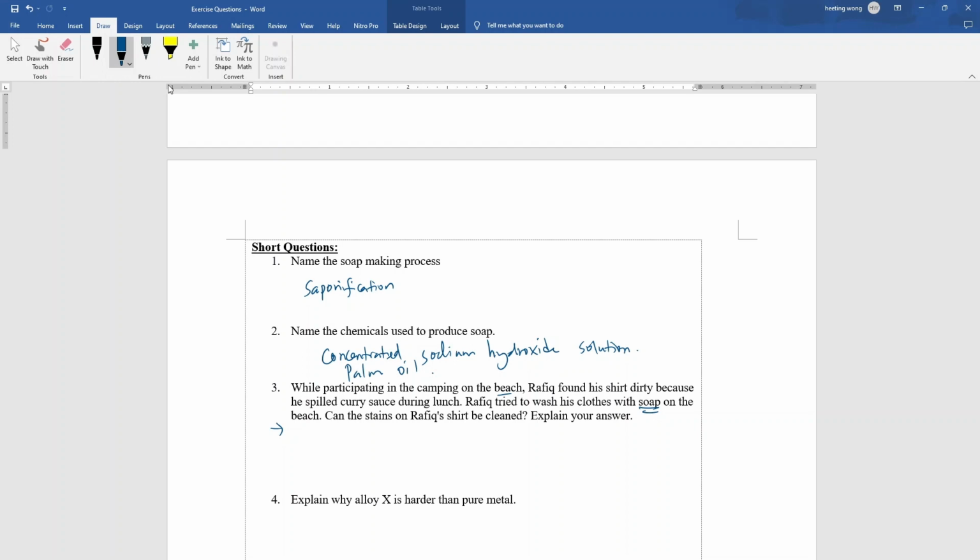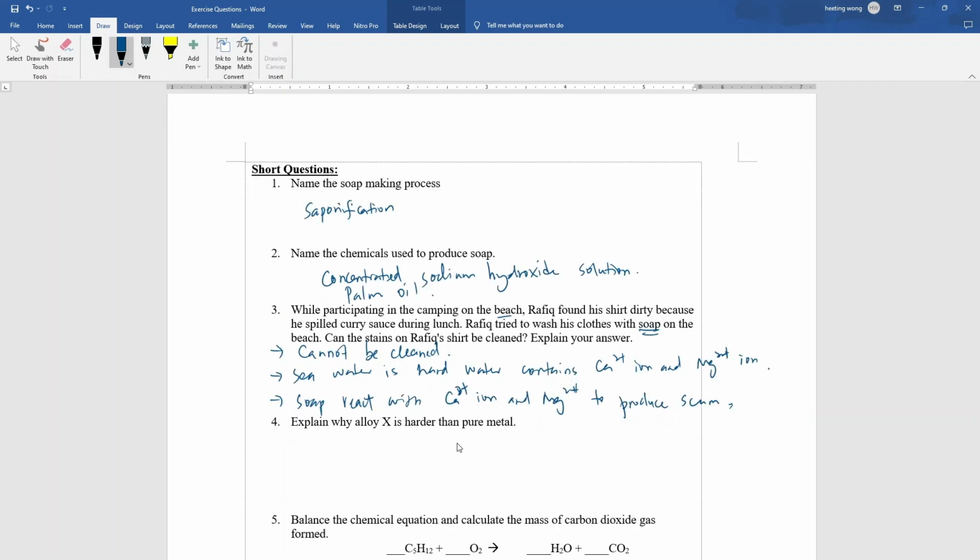Okay, next, explain why alloy X is harder. Alloy is harder than the pure metal. Okay, so what are the points that you need to mention?